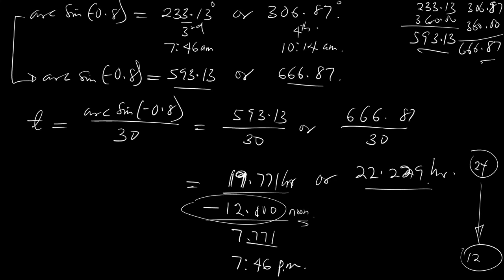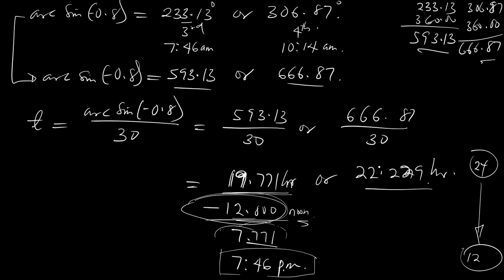After noon, the 12-hour method starts counting from 1, but the 24-hour method continues. That is why I had to subtract these 12 hours to get the exact point.